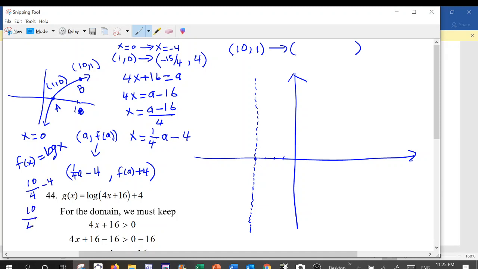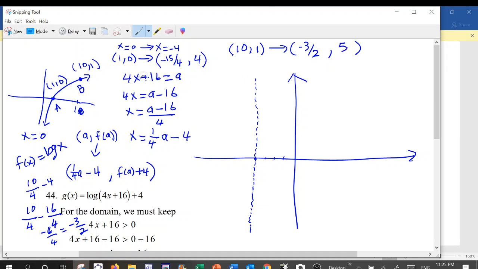Now 4 again is 16 over 4, so that's negative 6 over 4, right? Which is negative 3 over 2, right? Okay, so it goes to negative 3 over 2. And the y coordinate, where does it go? Well, 1 goes to 1 plus 4 is 5, right?